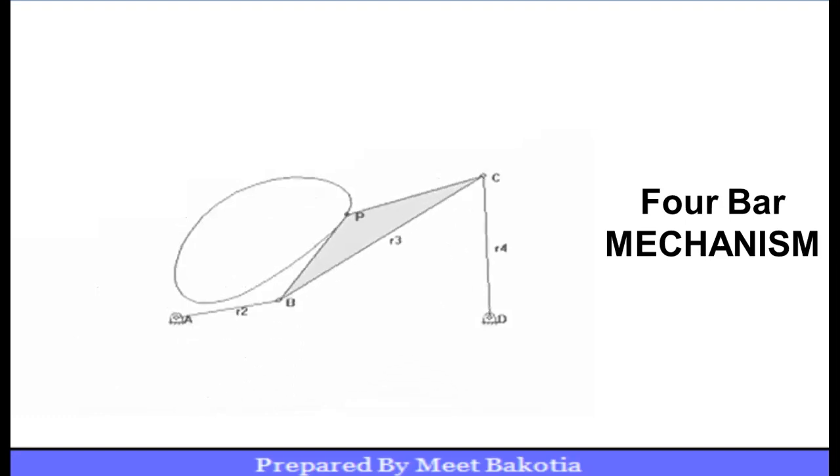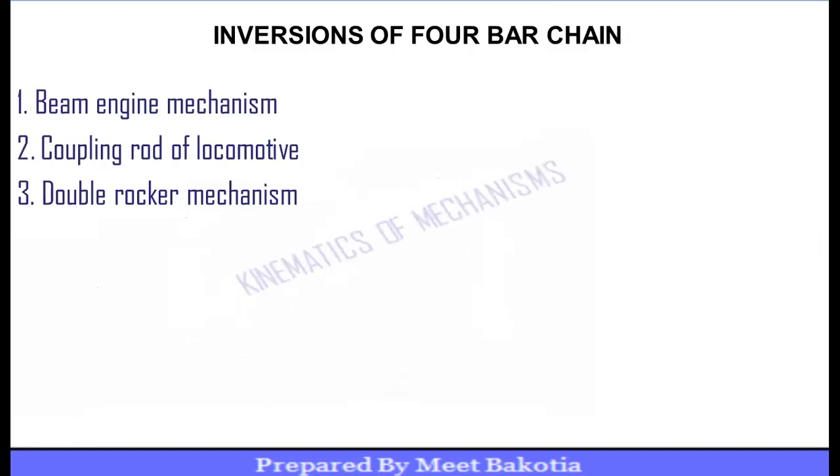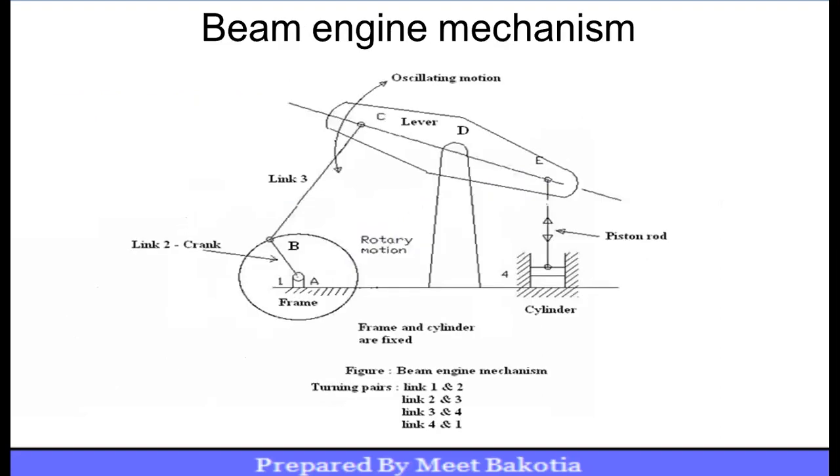You should remember that. Let us go to the inversions of the four bar chain mechanism. One by one, let us understand them. The first one is called the beam engine mechanism. It is also called the crank and lever mechanism, the reason being we have a crank and a lever.